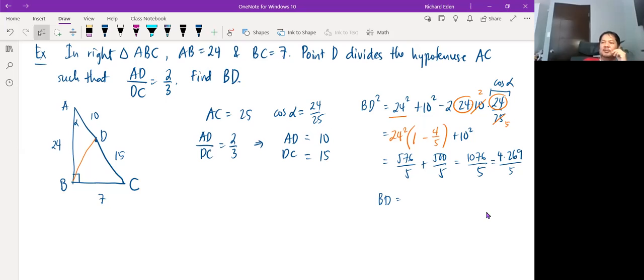If you look at the primes, let's say 17, 13, 11, 7, not divisible. So BD is 2 times the square root of 269 over 5. We can still rationalize, but okay. There you go. That's it.